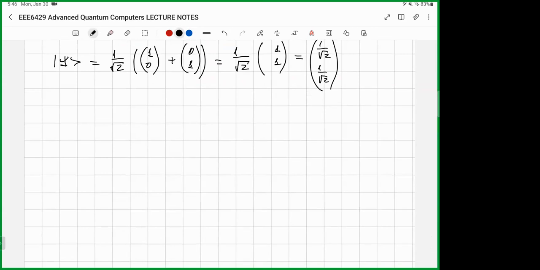So any vector in two-dimensional Hilbert space has two components. Accordingly, any operator in this two-dimensional space is 2 by 2. So any operator, let's say any matrix, is a 2 by 2 matrix.